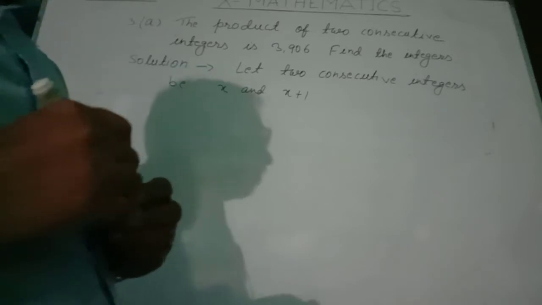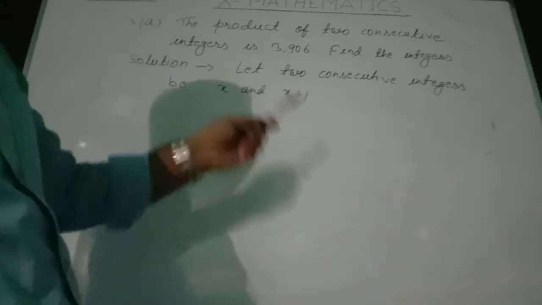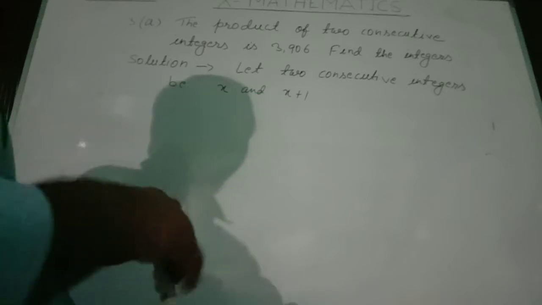If two consecutive integers are there, then we will consider x and x plus 1. And if there will be two consecutive even integers or two consecutive odd integers, then we will consider x and x plus 2.